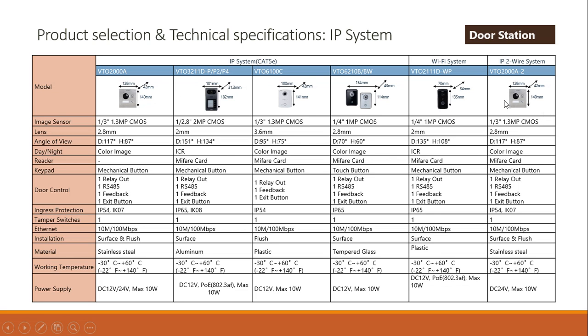More of the VTOs are not included in this table. So what I would advise is to just check our website, dahuasecurity.com. You will find a product selection, and you can do a selection based on what you need. Maybe you need a specific type of VTO, or a specific type of VTH.